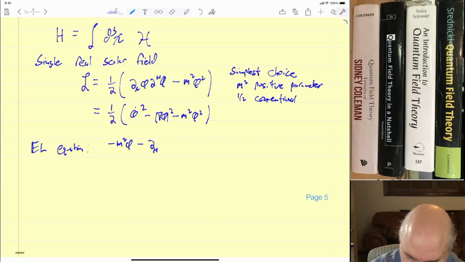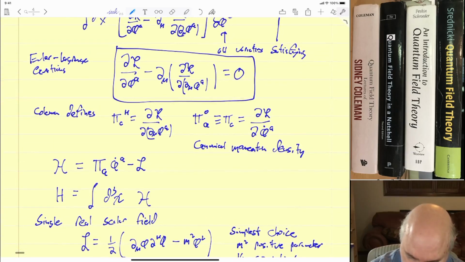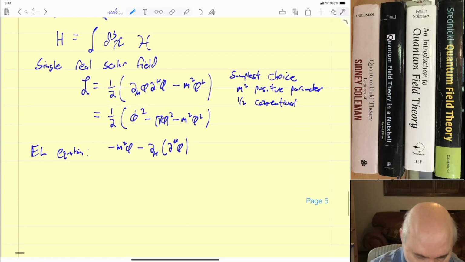You could see that you're going to get a factor of 2. You could take this one and then times that, or that one times that. So you're going to end up getting partial mu phi as that term. If I go back to the partial mu I put there, the partial of L with respect to the partial mu phi, mu is going to just go upstairs there. This is equal to 0.